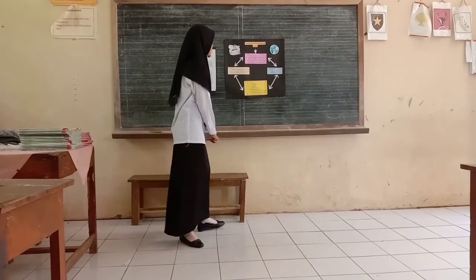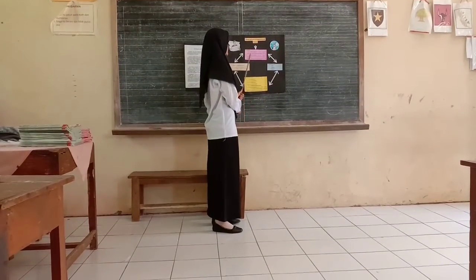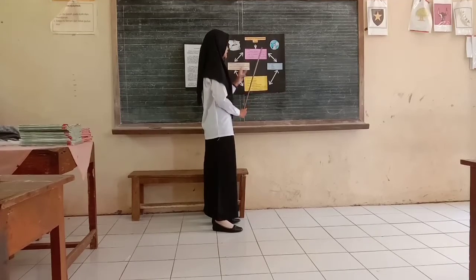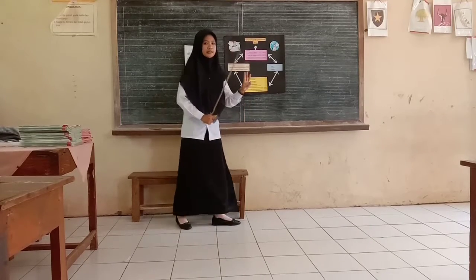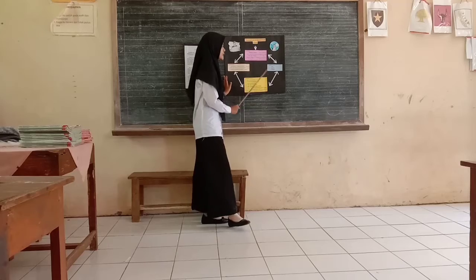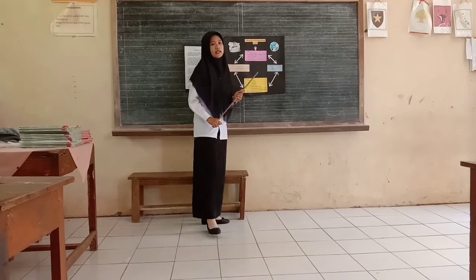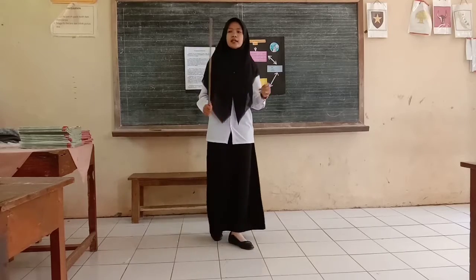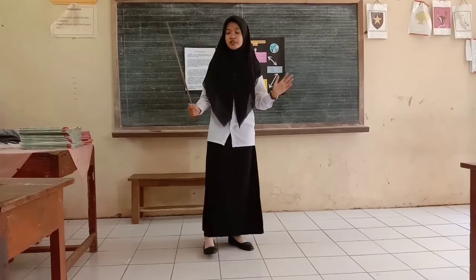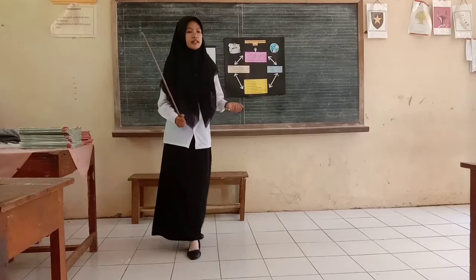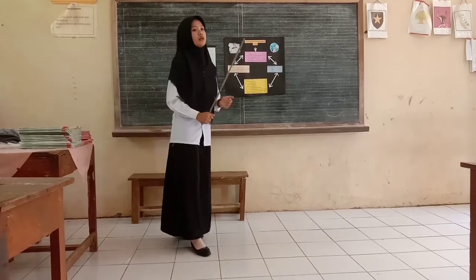Okay, good. Okay, students, the generic structure of analytical exposition text has three parts. The first is thesis, then arguments, and reiteration. Thesis includes the topic of the analytical exposition and indicates the writer's point of view.